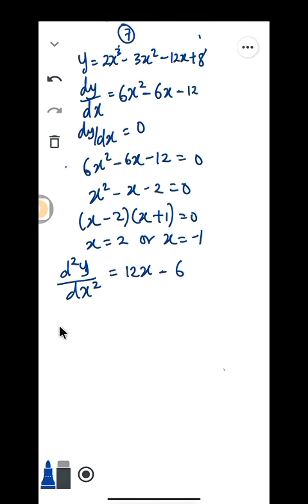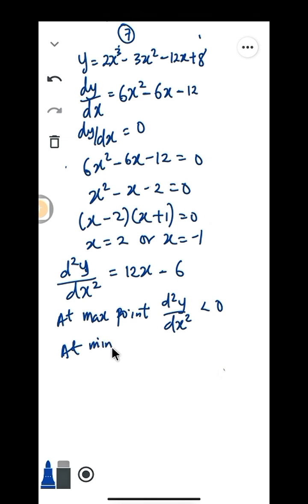Then we know that at maximum points, d squared y over dx squared is usually less than 0. And at minimum points, d squared y over dx squared is usually greater than 0.